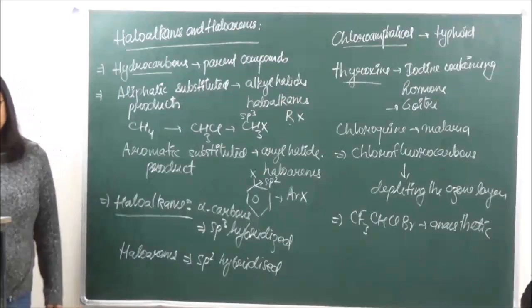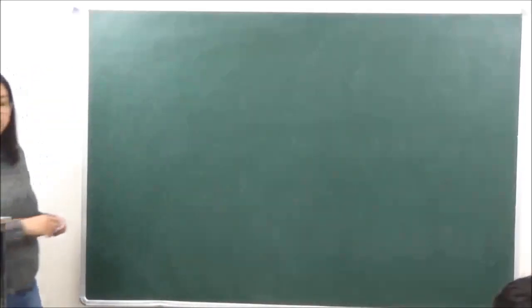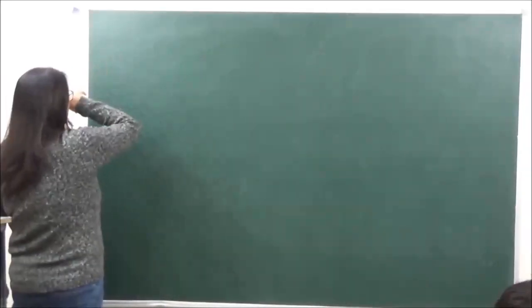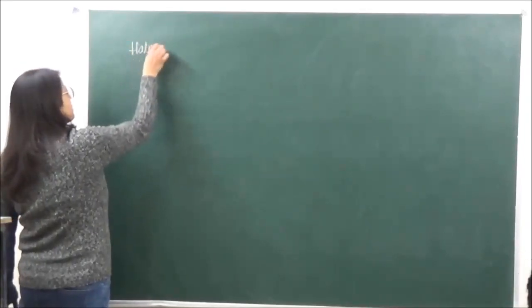Let's go on to the main topic, classification of halogen derivatives. Now when we are doing the classification of halogen derivatives or classification of haloalkanes, let's say how are we going to classify it?